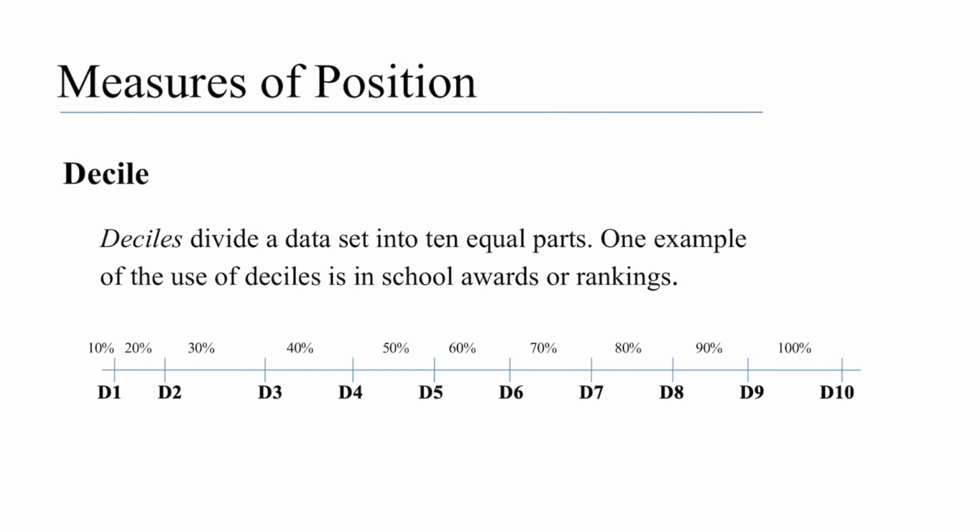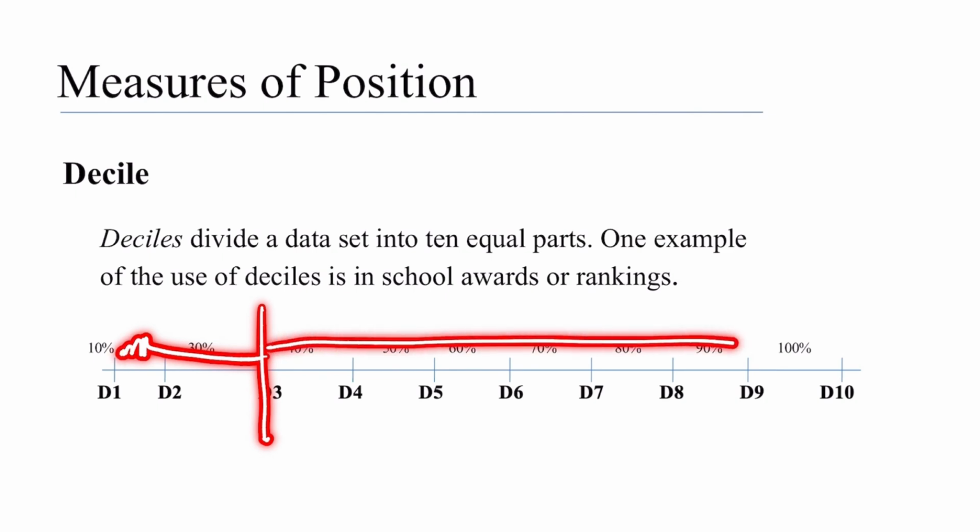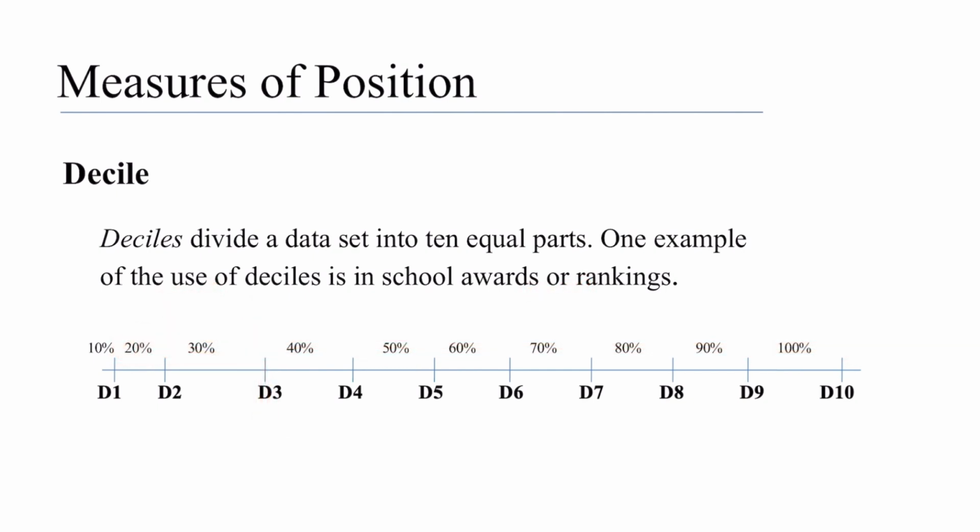Another example, you are tasked to identify decile 3. Since decile 3 is equivalent to 30%, then the class will be divided into the lower 30% of the class and the upper 70% of the class to make it 100 in all. This is also similar to the other deciles.